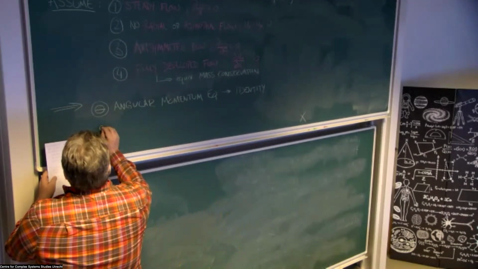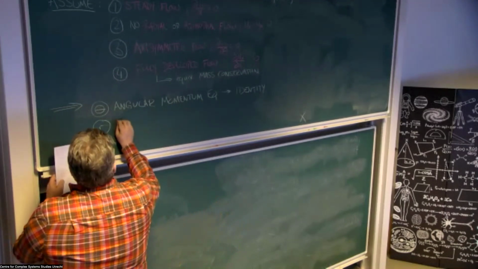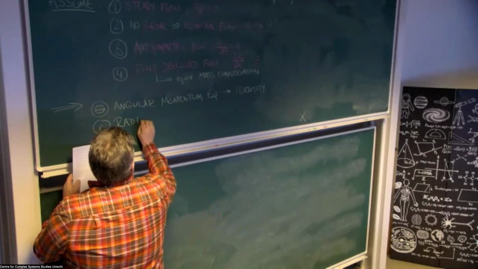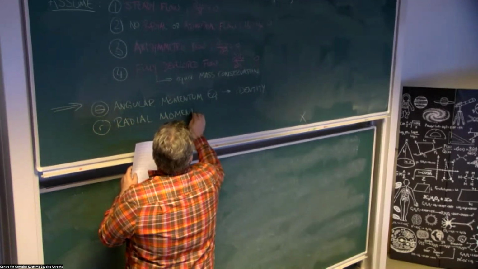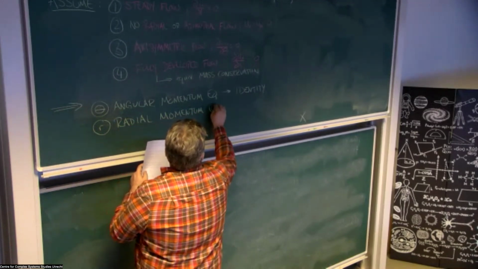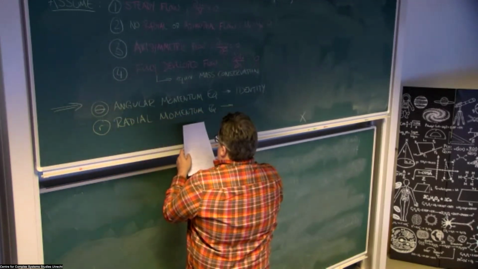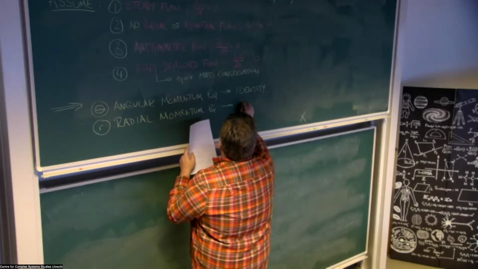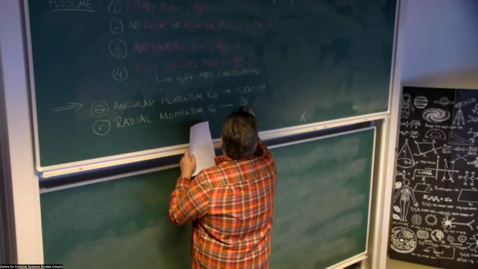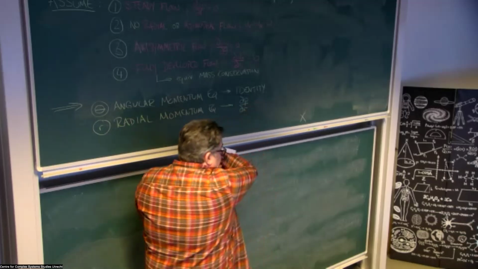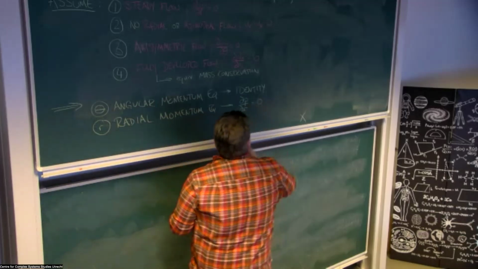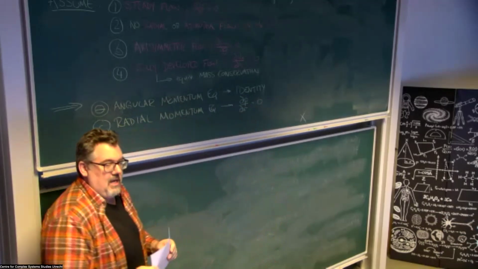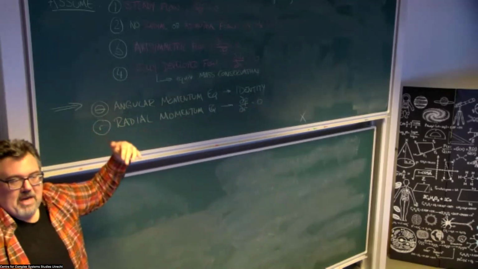For the radial momentum equation, everything reduces down to the radial derivative of the pressure equals 0. So there's no pressure change radially in the pipe.